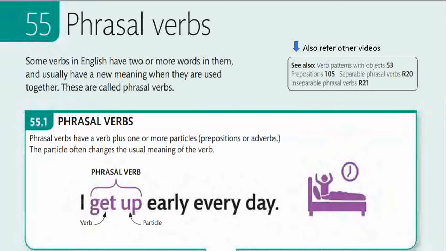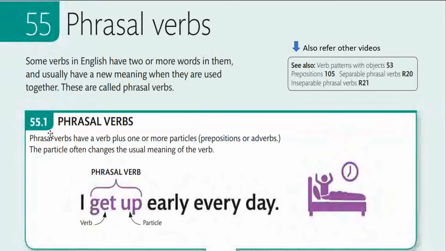One is usually a verb and the second one, though it appears to be a preposition, we do not call a preposition. We call it a particle because the role that it is playing is completely different.